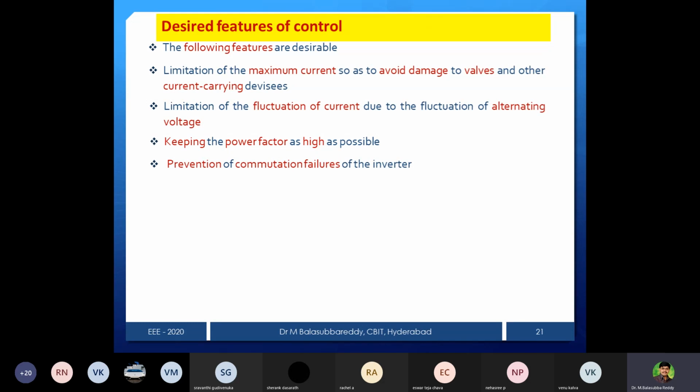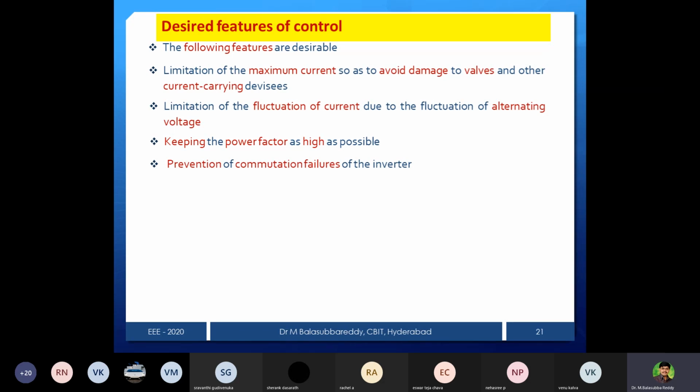So some amount is going to be dropped, let it be minus 3 omega L by pi into ID, that is, for three phase, 3 omega L by pi into ID. So you will get some problems if there is commutation failure. That is the reason we need prevention of commutation failure of the inverter.